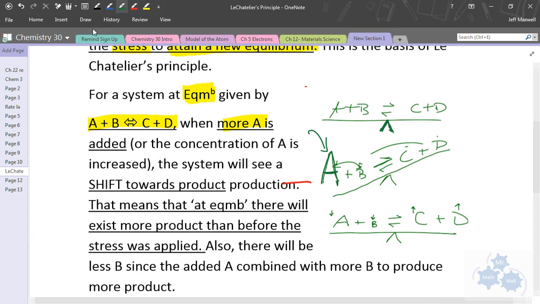And this is one way of looking at it with a little balance like they did in the video. So if more A is added, this system has to come back to balance. And so what happens is A reacts more with B. It kind of says, hey, I got too much stuff over here. A and B, let's react and produce more C and D so that we can get back to balance. And that's exactly what happens.